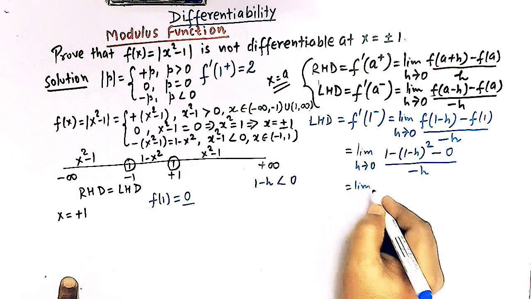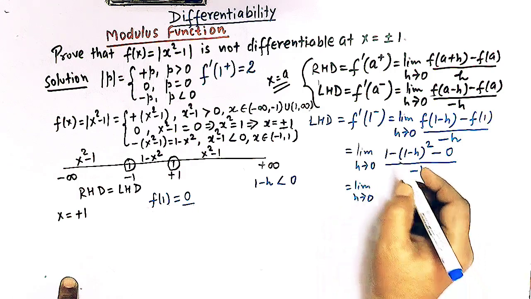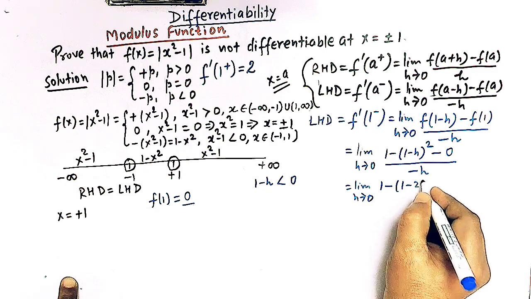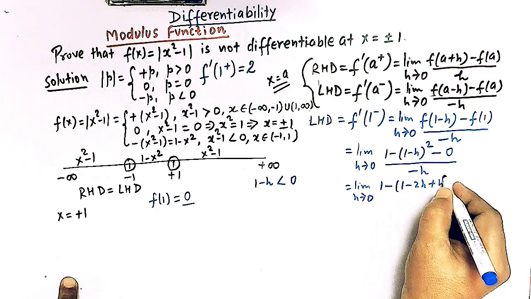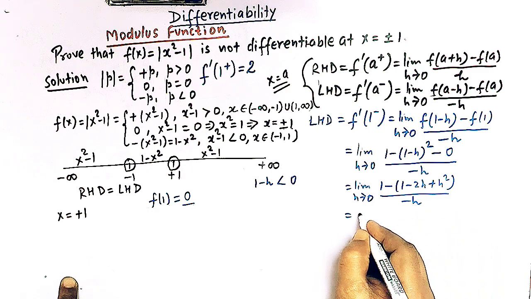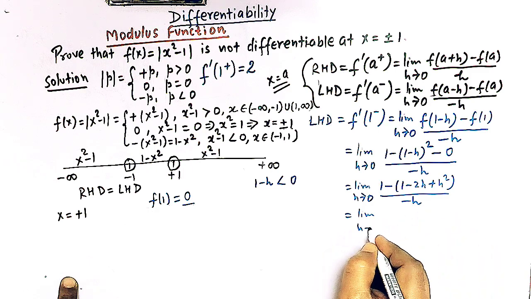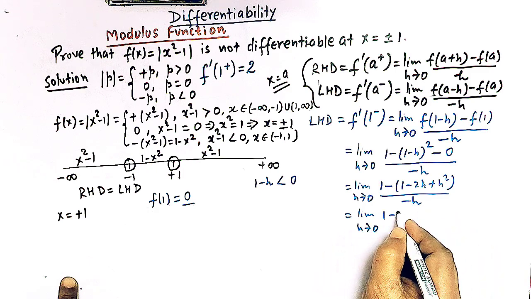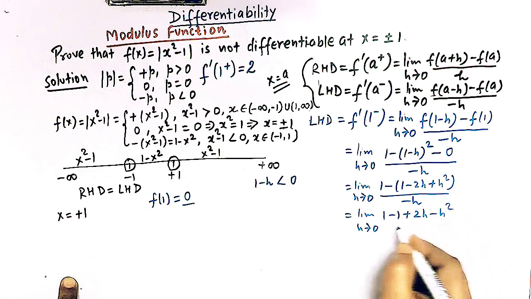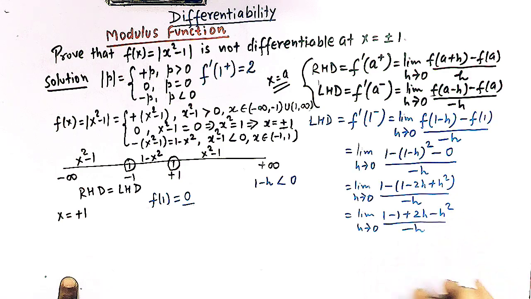So let us simplify it. So we have 1 minus 2h plus h square, and here we have minus h. So we have limit h tends to 0, 1 minus 1 plus 2h minus h square over minus h.